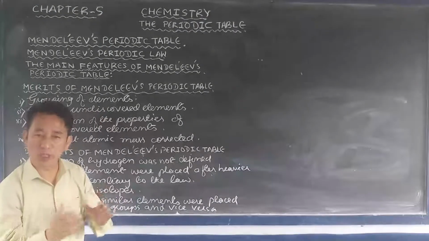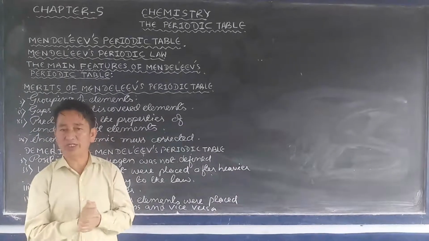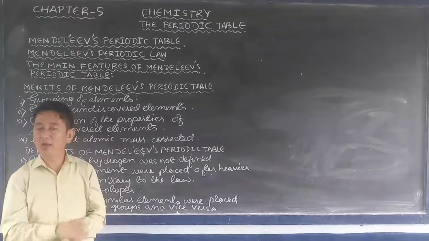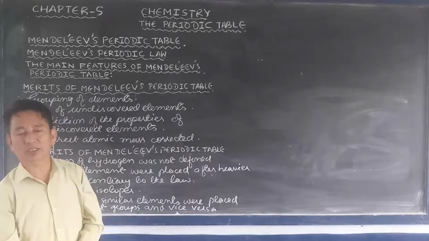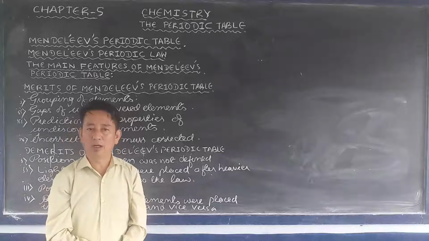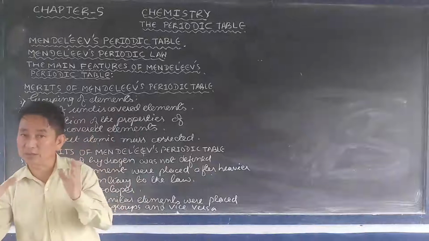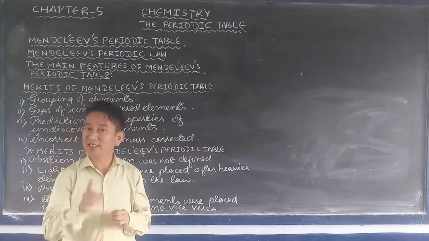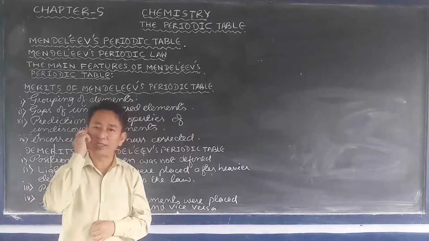Dobereiner, John Newlands, who was a lover of music, stated Newlands' law of octaves: when the elements are arranged in the increasing order of their atomic masses, the properties of the 8th element are similar to the properties of the starting element, as in the case of musical notes. Here, the 8th note is similar to the starting note.